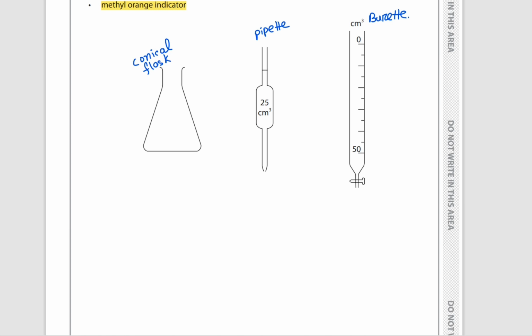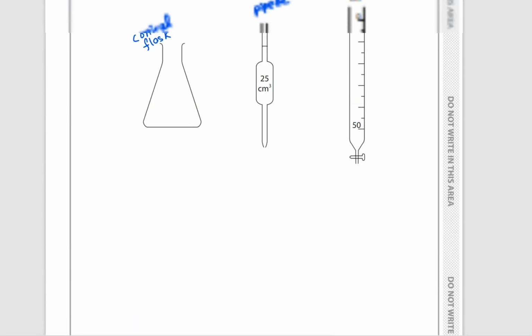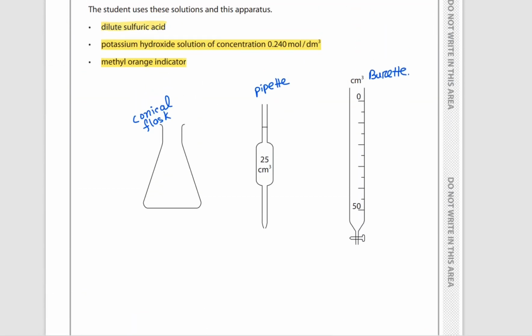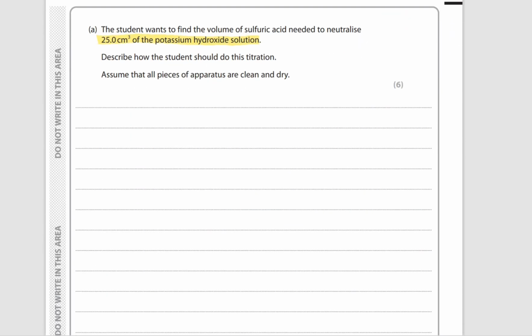The process is continued until the entire solution becomes colorless, sorry, yellow, because the indicator was methyl orange, and the color of methyl orange in neutralized solutions is yellow. So I hope the explanation of this entire part was clear.